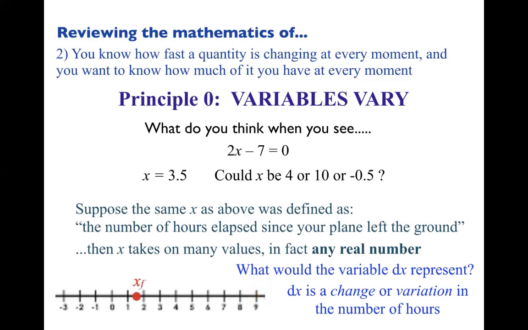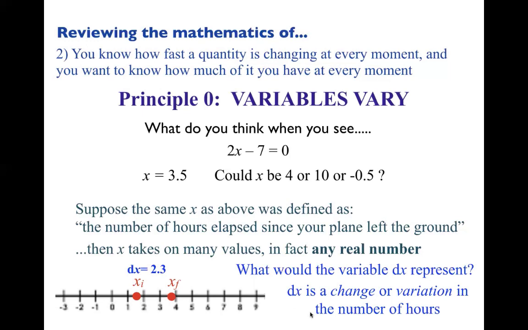So for instance, starting at 1.5 hours, as x is increasing, so x is increasing from 1.6 to 3.9, and at that moment when x is 3.9, dx has a value of 2.3 because it's the variation starting from 1.6 and ending at 3.9. So that's a variation or a change in hours of 2.3.